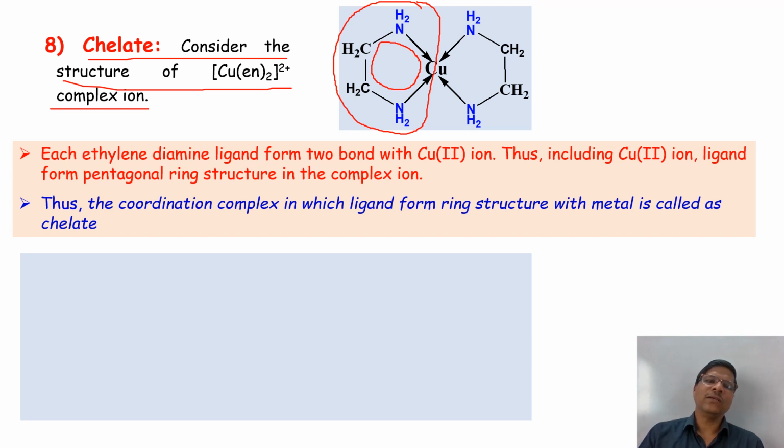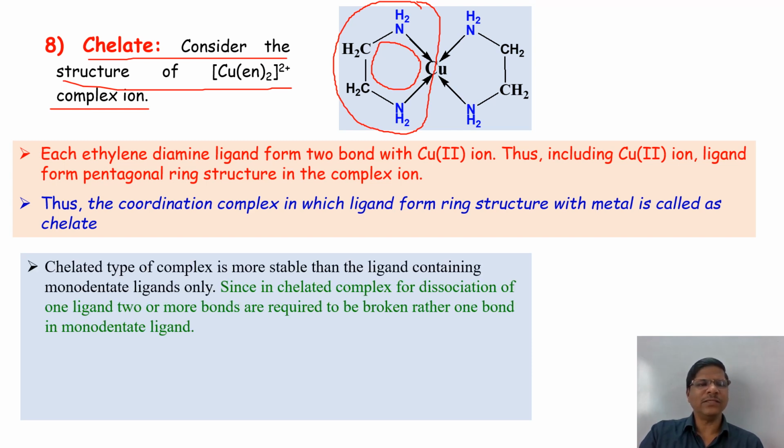You can easily see the ring structure between ethylene diamine and the copper. Such a complex is called a chelate. What is the characteristic of the chelate? The chelate type of complex is more stable than one containing monodentate ligands.